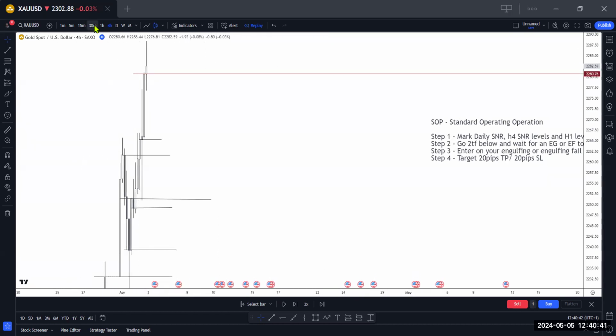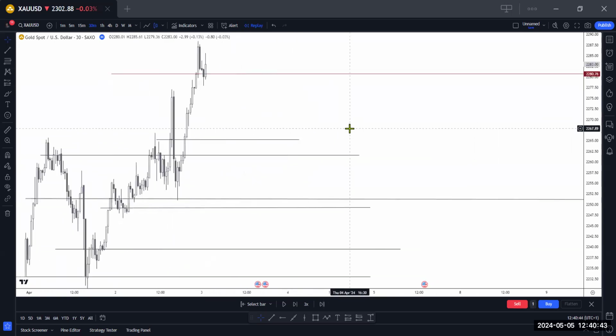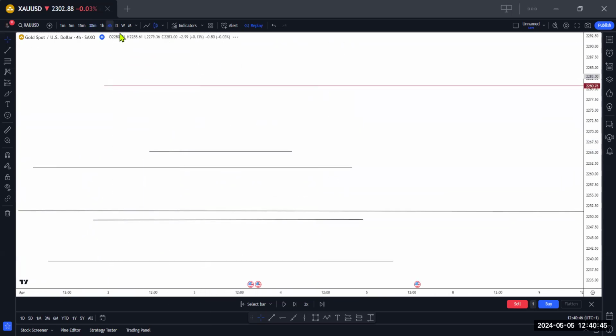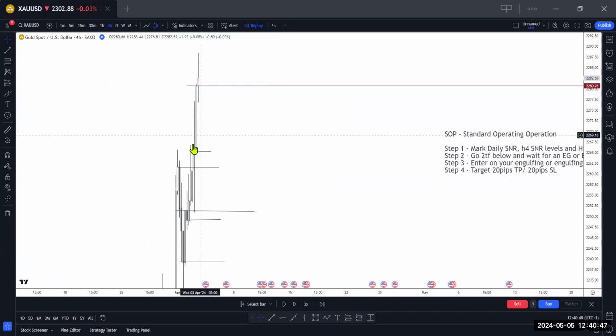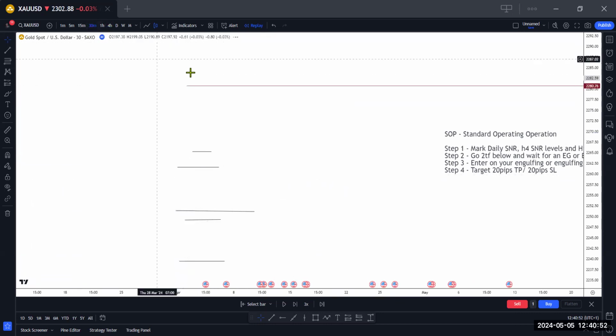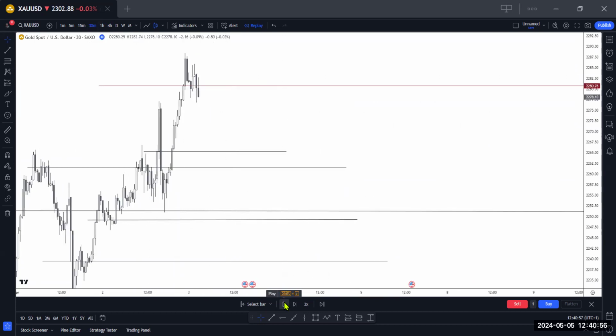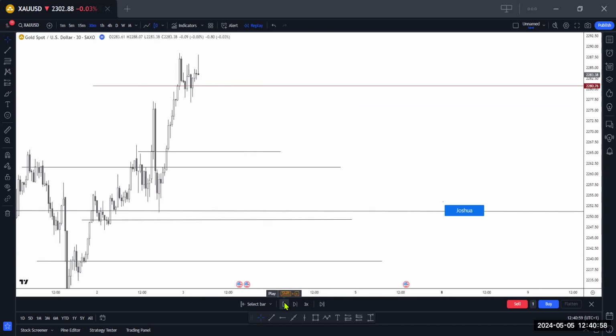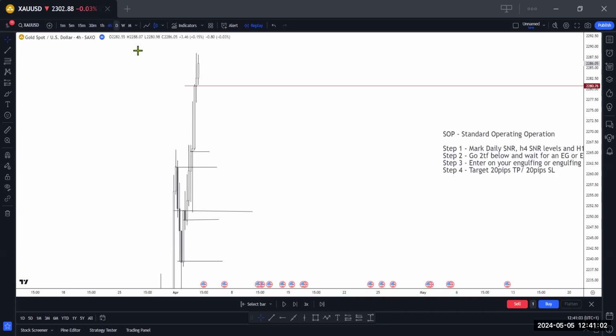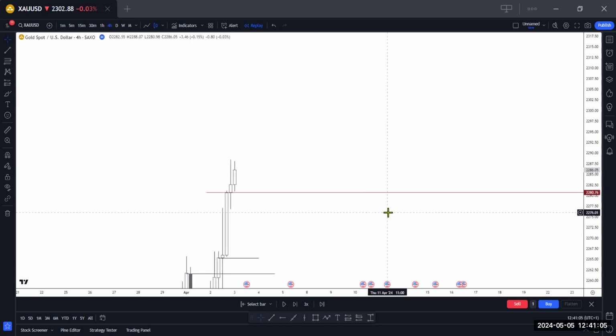So let's go back to M30. On H4, is there any new SNL level? No new SNL level, right? So back to M30. Okay, so we have a new SNL level, the H4 gap.